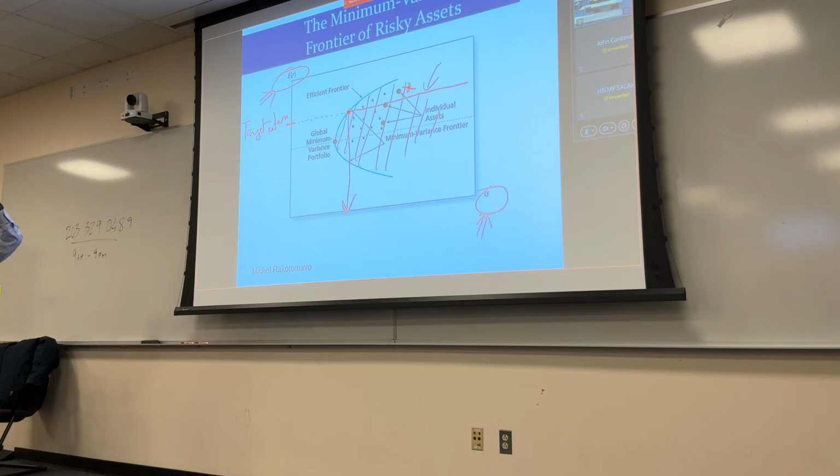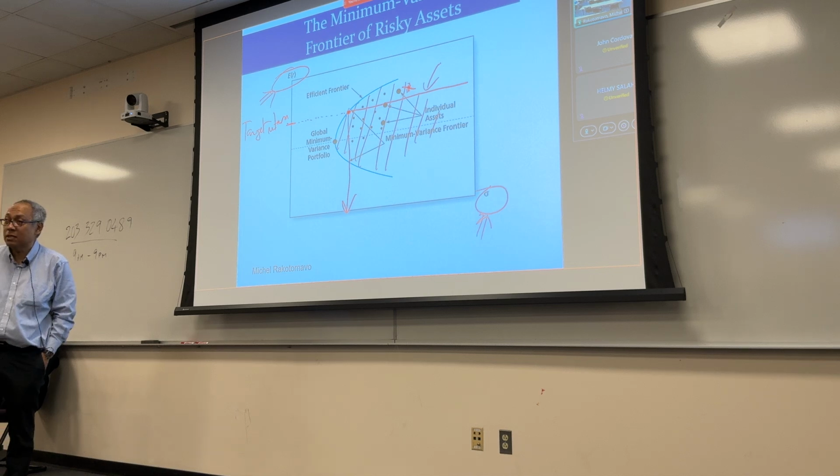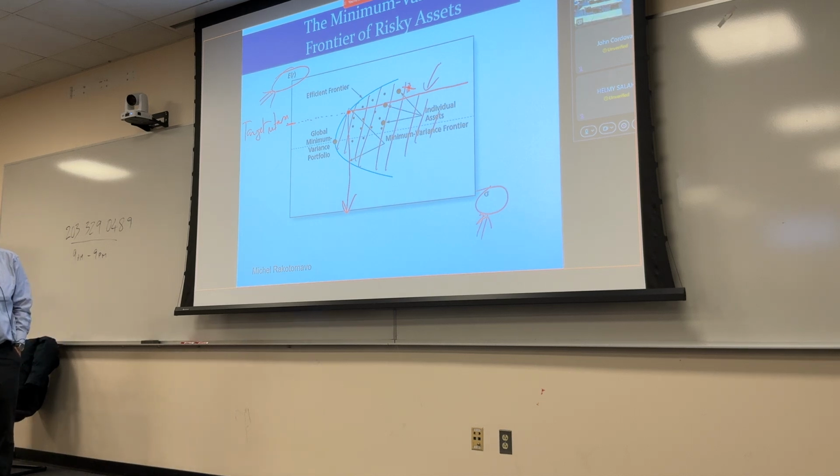For a given target return, you can find the safest portfolio. Why go for additional volatility? We're going to get the same expected return. Does not make any sense. Any questions about this?